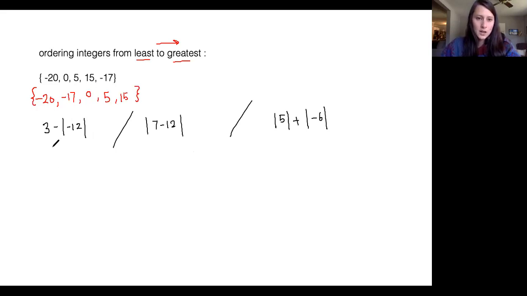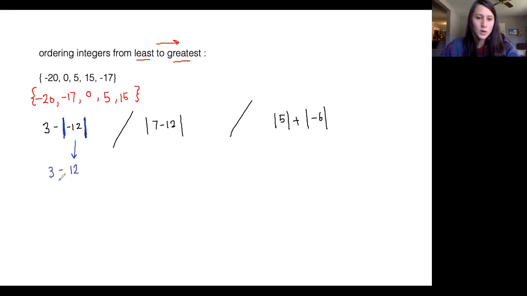All right here, let's take a look at what our absolute value is. So notice that my lines are around this -12, which means the only thing that's becoming positive is 12. I'm keeping everything else the same, okay?